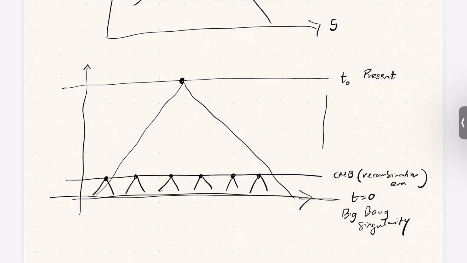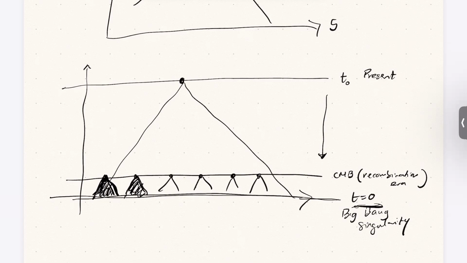However, if you go back in time, and if you were here, particularly, let's say, this is your light cone, right? And of course, if this is the Big Bang singularity, the light cone does not extend. It stops over here. So this particular light cone is not in causal contact with this particular light cone. They are not coming into any sort of interaction.